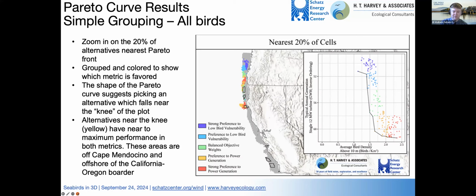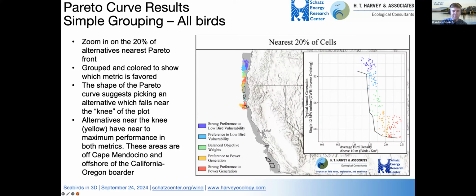By grouping these alternatives, we can see what decisions might lead to selecting each. The groupings used include a strong preference to low bird vulnerability, a preference to low bird vulnerability, more balanced objective weighting, a preference to power generation, and a strong preference to power generation.